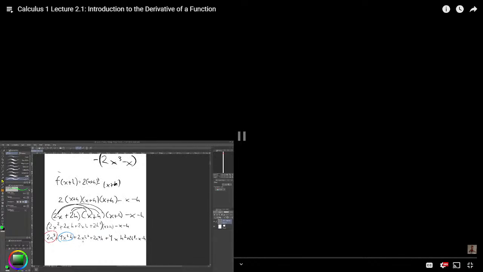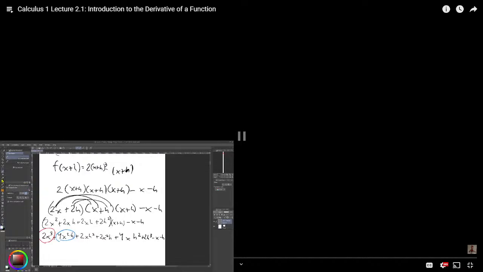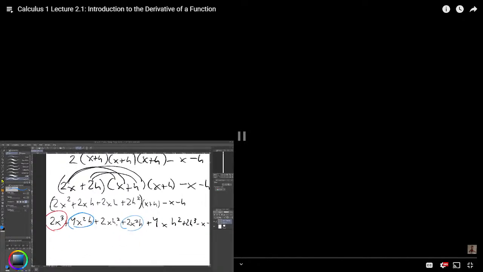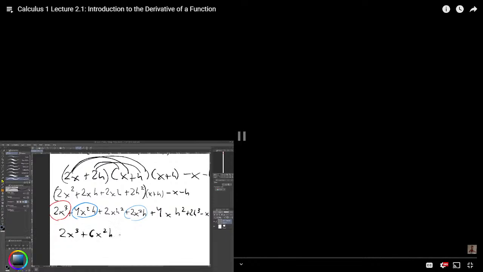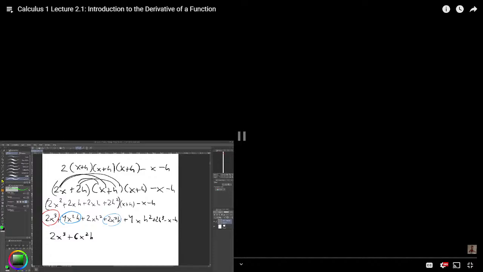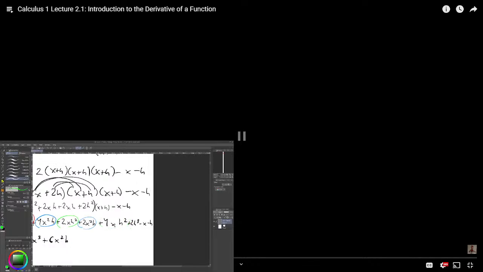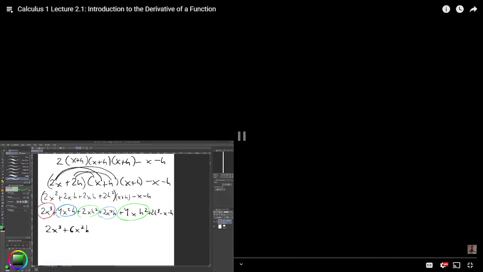Oh wait, this should combine with this: plus 2xh squared, 4xh squared, okay, that combines. 2h cubed doesn't combine, and these last two don't combine.